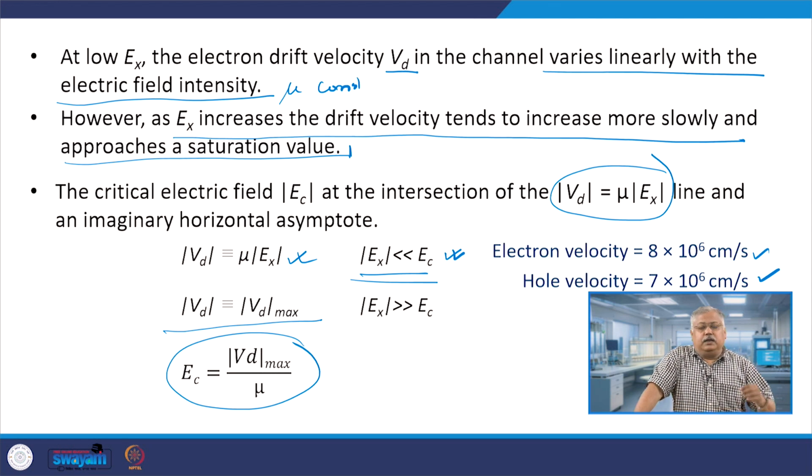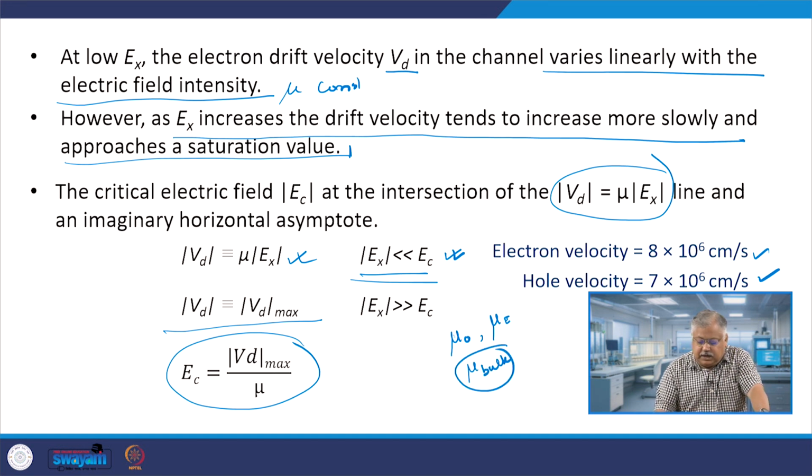In a MOSFET, the electrons are actually moving through the interface between silicon and silicon dioxide, and that is the reason there will be heavy scattering and the mobility will sharply fall. So, we define two types of mobility. One is the low field mobility mu 0, and then we have an enhanced mobility which is mu e, right. Also, we define mu bulk, which is the bulk mobility, and this bulk mobility is almost equal to the low field mobility in this case.